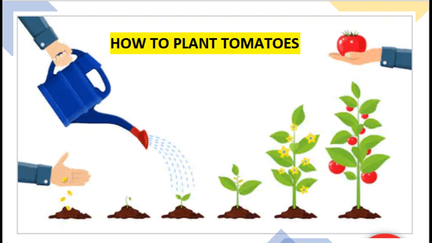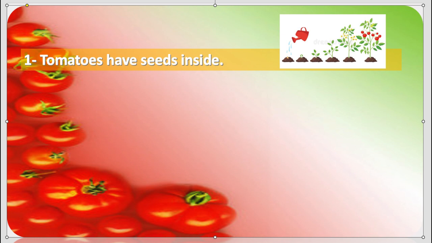And after that, the leaves are going to be bigger. And after that, we see flowers, and these flowers are going to become tomatoes. So let's see these steps in detail, okay?